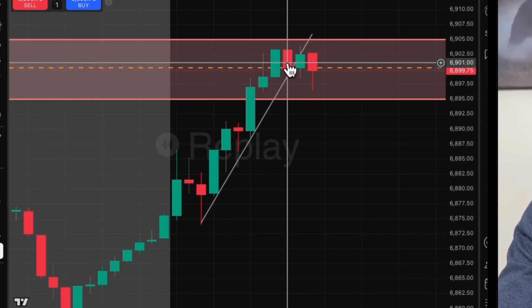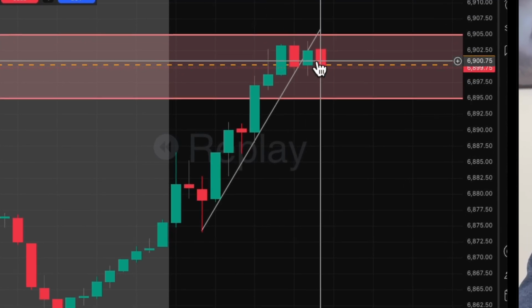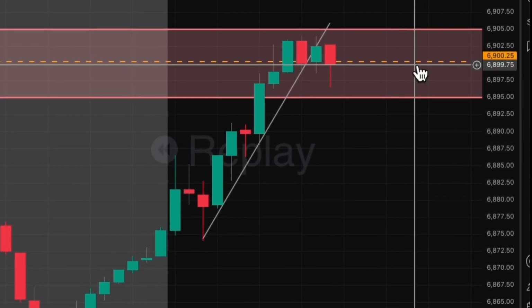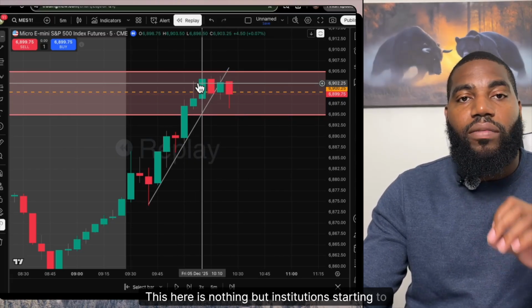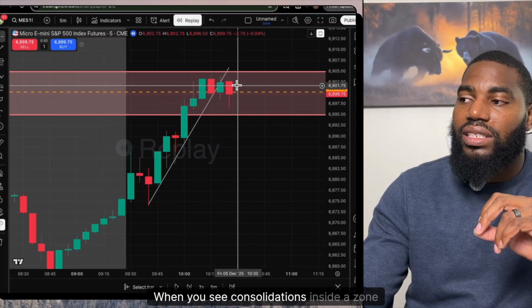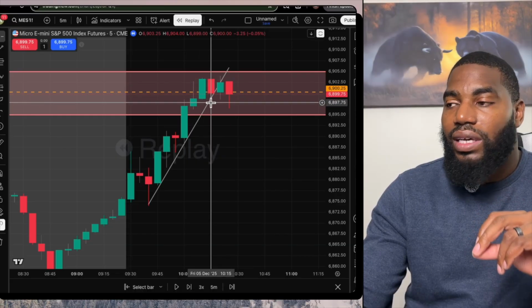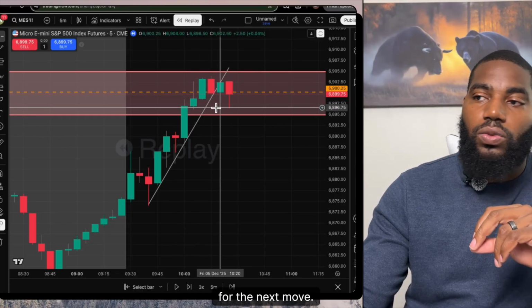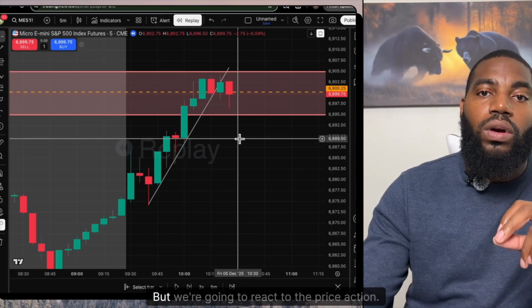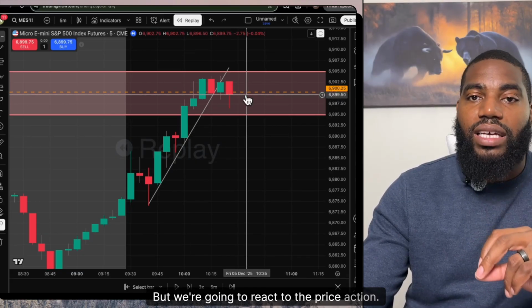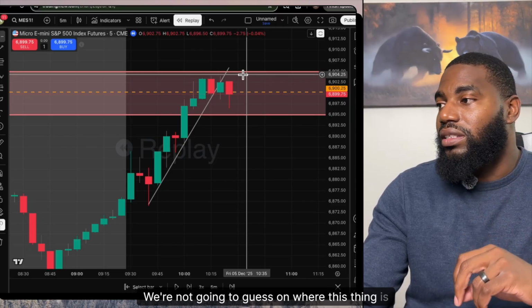Now sellers are starting to trap all these buyers that bought above this 6,900 level. This here is nothing but institutions starting to build their positions. When you see consolidation inside a zone, they're building their position for the next move. Either it's going to be the next move up or the next move down, but we're going to react to the price action. We're not going to guess where this thing is going to go.